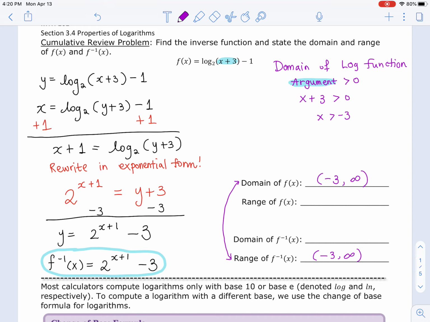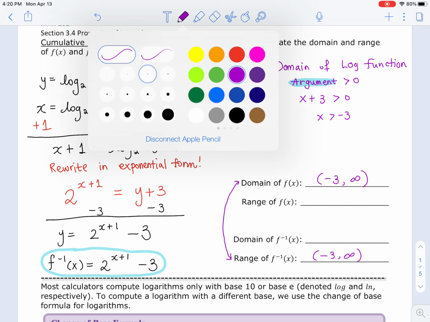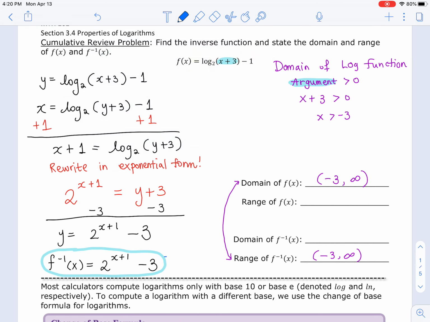Now, remember, the log functions do have this tail going down. I'm thinking about the graph of it. But the easier way to remember the range of a log function is to ask what is the domain of an exponential function. Remember, that one is always all real, right? Why? Because we can raise 2 to any power if we want.